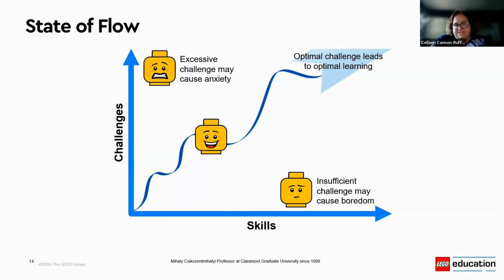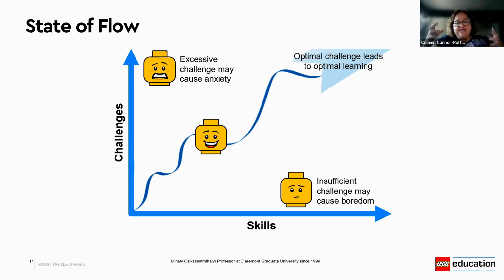State of flow is an essential part of our LEGO Education approach to learning. Flow is considered to be a state of mind, essentially. You're in flow when you are committed, engaged, and concentrating, so much so that you don't notice what's going on around you, right? This is different from zoning out when you're binge watching television.